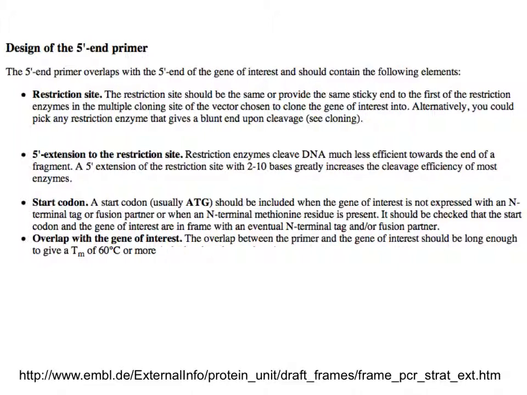After the ATG comes the overlap with the gene of interest. That overlap region should be long enough to give a TM of 60 degrees or more.